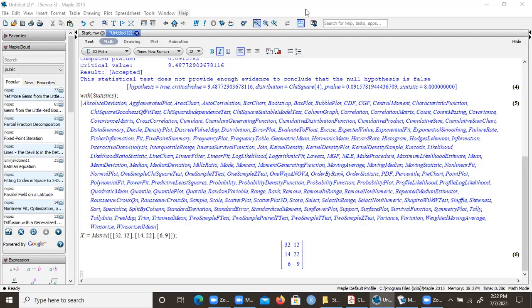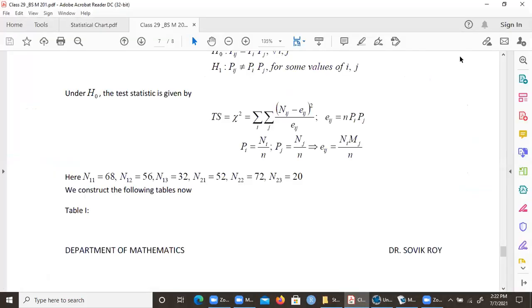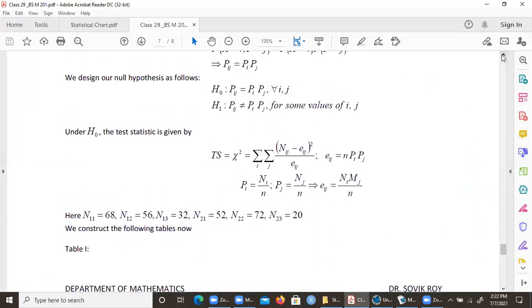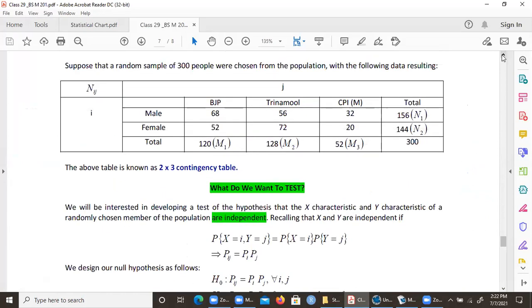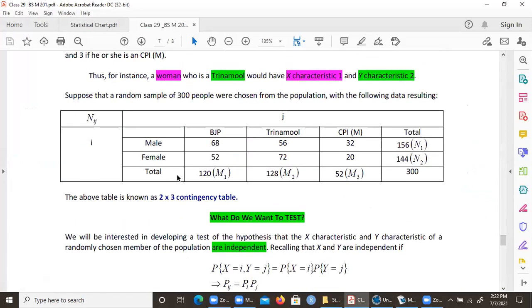So what I was explaining in the previous session is that I did the generalized version of the chi-square goodness of fit test, in which I considered the following problem, and we have got the observed 2 by 3 contingency table giving us the observed frequencies, which have been collected directly from the sample.